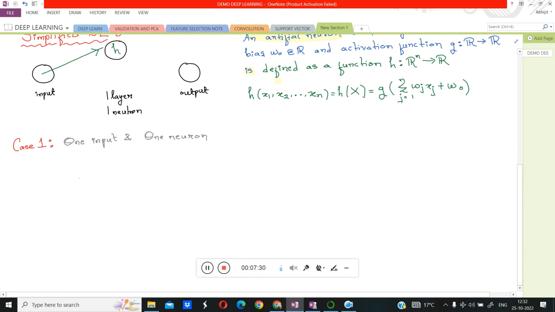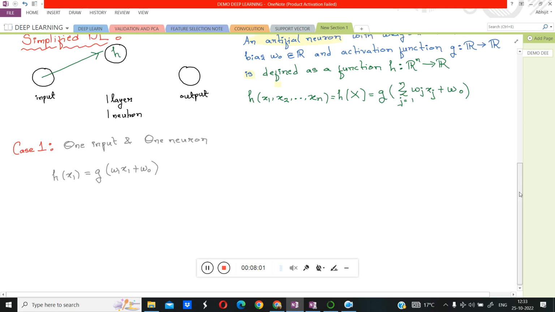When you have one input, your h will be a function of only x1. That's clear, right? This can be written as h equals g of w1 x1 plus w0. You have only one input, so there will be only one weight, w1, and one bias, w0, that will get into this g.